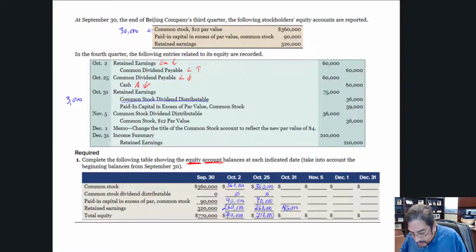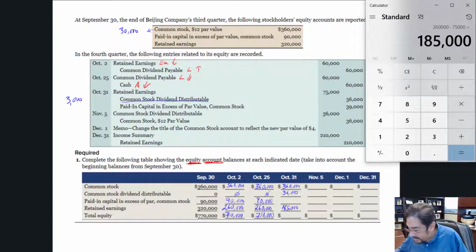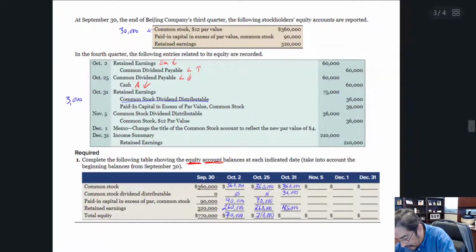And we didn't hit the common stock account on October 31st, but we did hit common stock dividend distributable for $36,000. The common stock remains the same. And the paid in capital, we increased that by $39,000. So it was at $90,000, and we've added another $39,000 to it. So now the balance is $129,000.